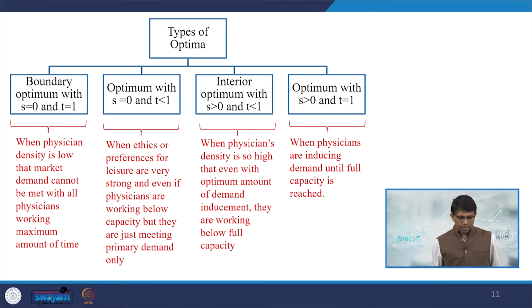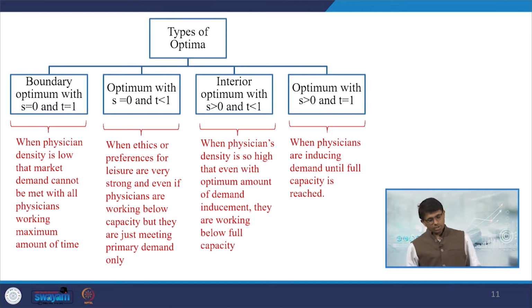And the second case, inducement is actually 0, S equal to 0. When ethics or preferences for leisure are very strong, and even physicians are working below capacity, they are just meeting primary demand only. In the first case, T equal to 1, that means they are actually utilizing the maximum time, hence hardly there is any scope for the inducement.